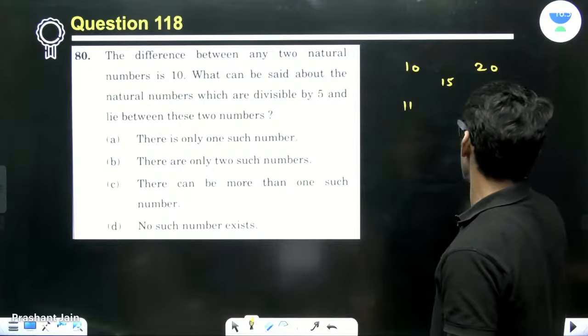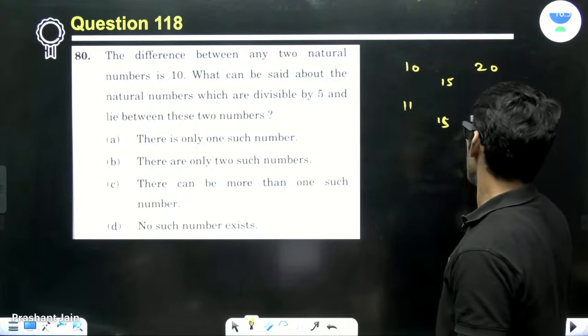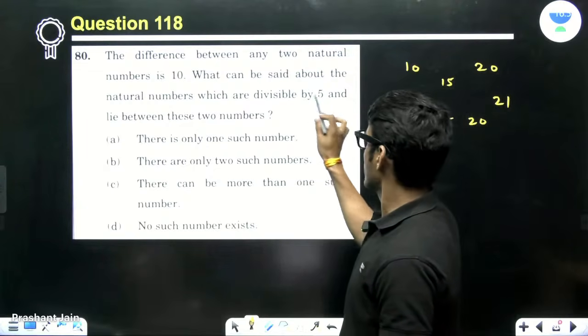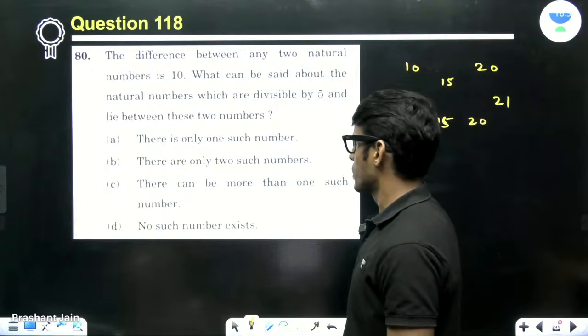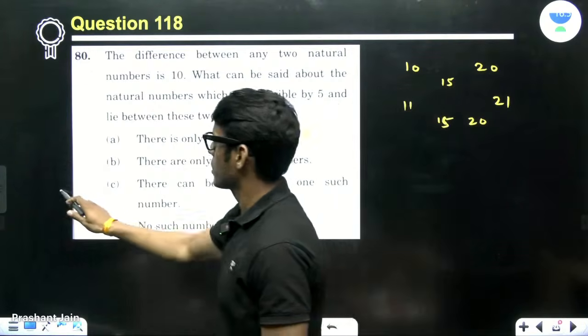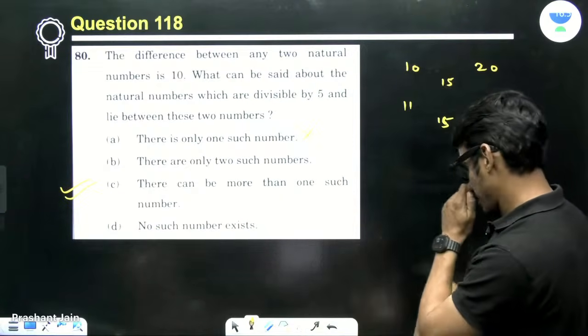If numbers are 11 and 21, there are 15 and 20. Is there only one such number? No. There can be more than one such number. Simple. See, highly doable problem.